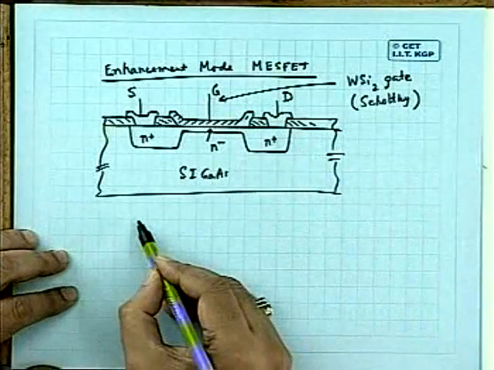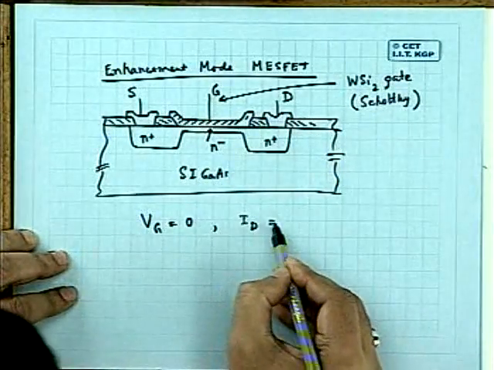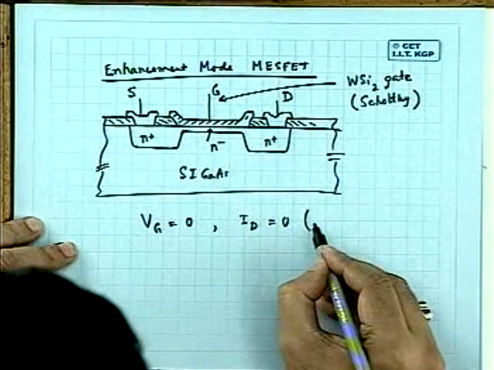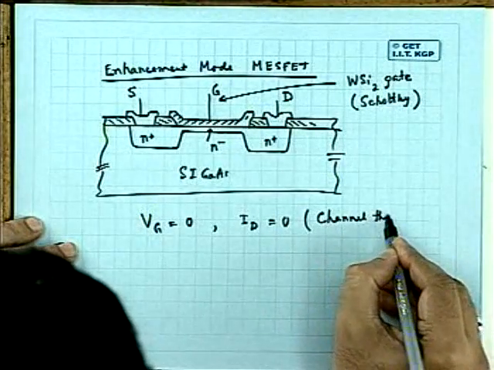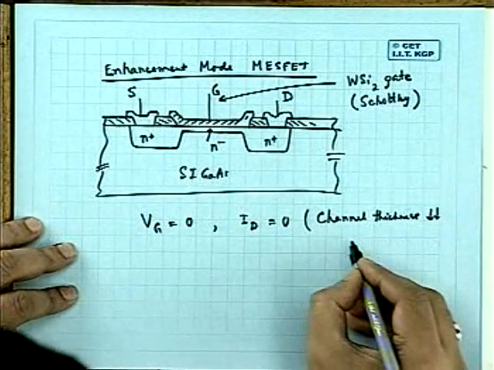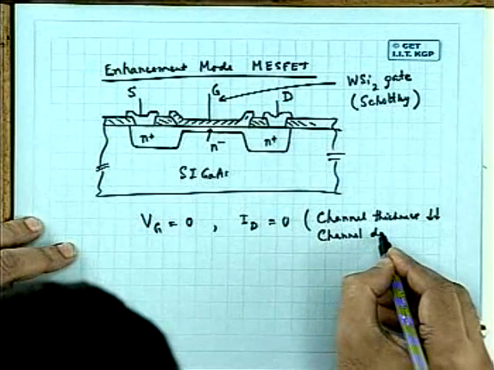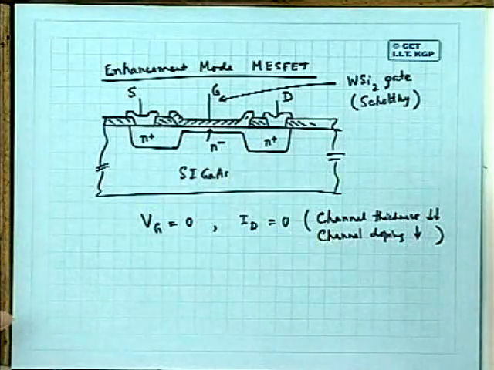When Vg is equal to 0, Id is 0 because the channel thickness is very small and channel doping is also relatively small.